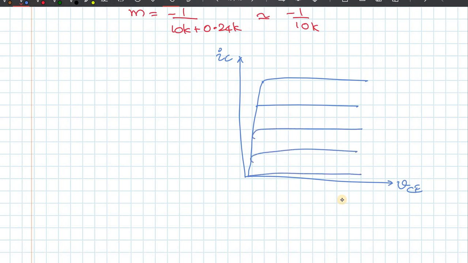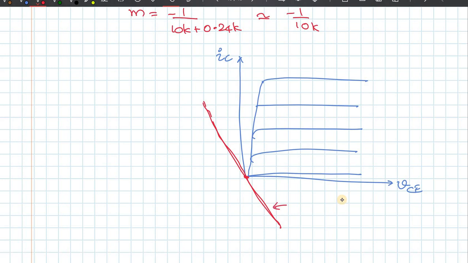So this was the output characteristic. Now if you were to draw only the AC load line, it would go through the origin and it would have a slope of 1 over 10k. So it would look something like this.